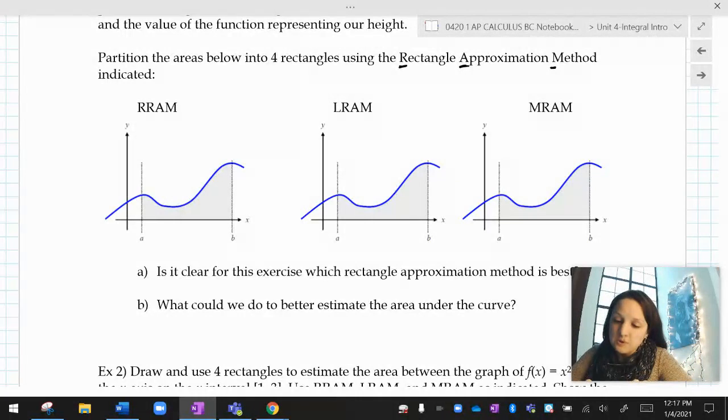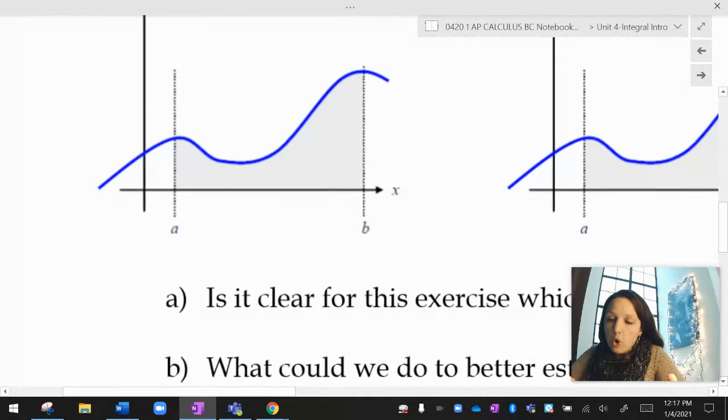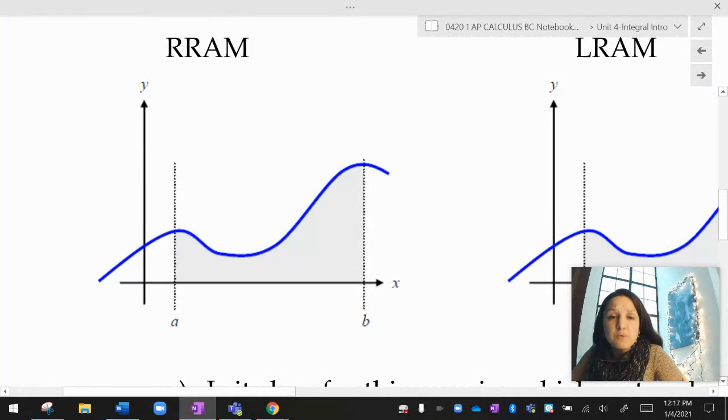Let me show you what that looks like. If I want to do RRAM and split this into four rectangles, the first thing I'm going to do is make four subintervals along the bottom. On the first subinterval, I'm going to use the right endpoint, go up until it hits the curve, and then go across and down.